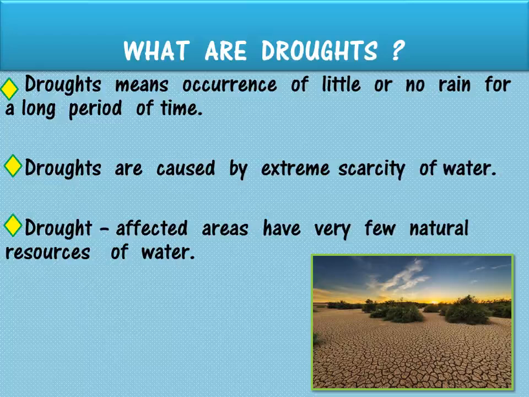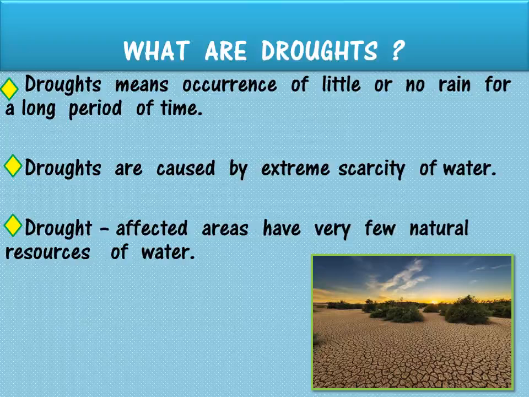You know, children, when water resources like tube wells, canals, streams, ponds, etc., get dried up, the nearby soil or land starts drying up. At a certain time, the soil becomes very hard and brittle and starts cracking. Cracking means broken into pieces. So this type of natural disaster is nothing but drought, children.